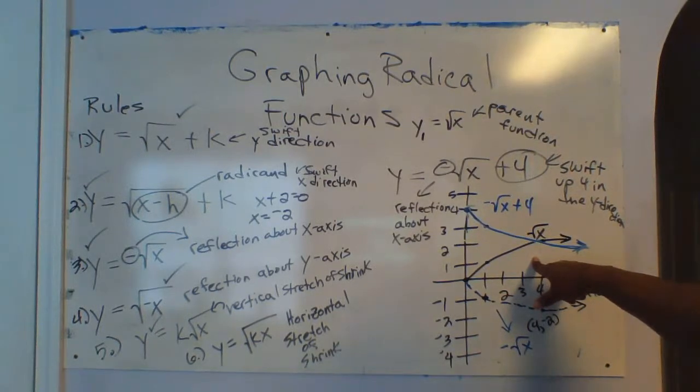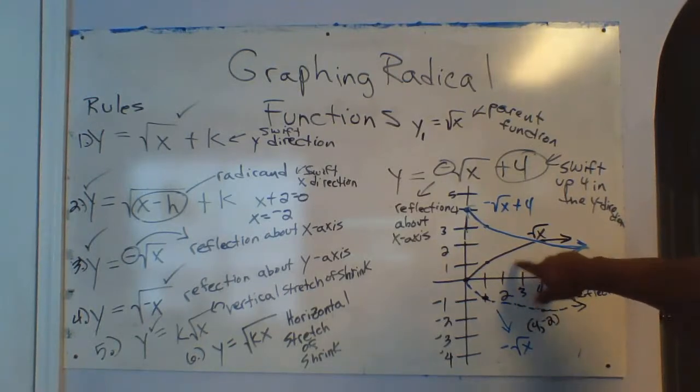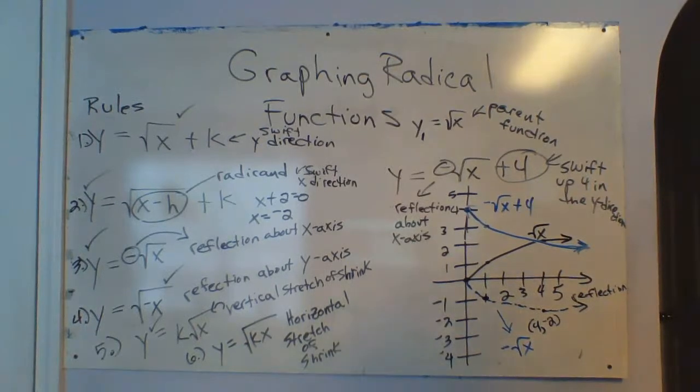When you do your reflections or your shifts, you know why it should be the way it is. I would just use the parent function as a reference so you can see why the function ends up where it is.